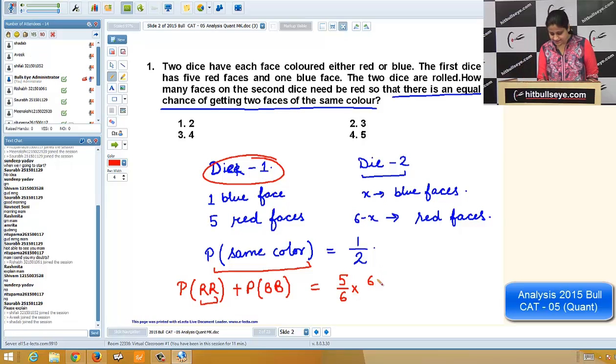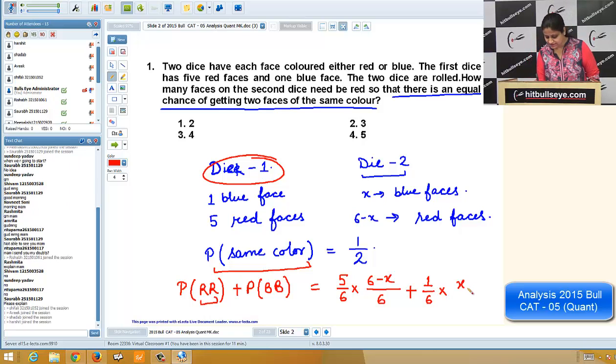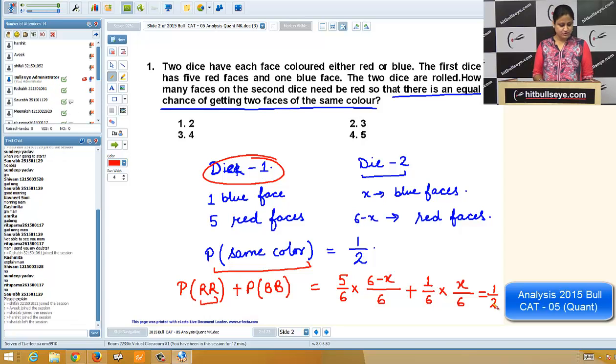It will be (6 minus x) upon 6, plus. Or they both can be blue faces. For blue, the same criteria we will apply: 1 by 6, because on die 1 there is only 1 blue face, into x upon 6. Which comes out to be half. You can solve this equation, you will get the value of x. Then, we want to know how many faces on the second dice need to be red, so my answer will be 6 minus x. Is it okay all of you?